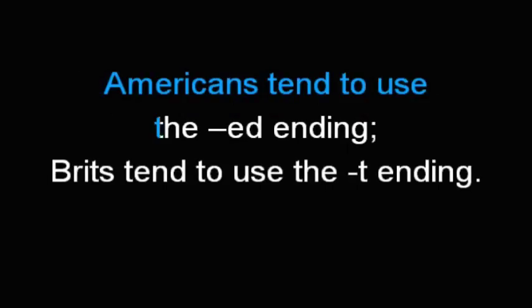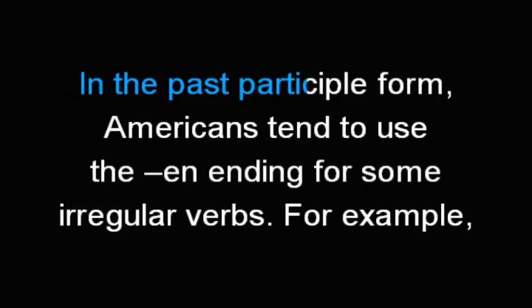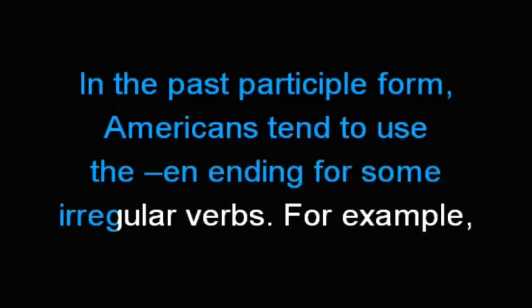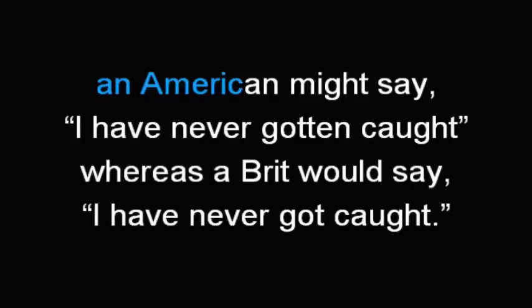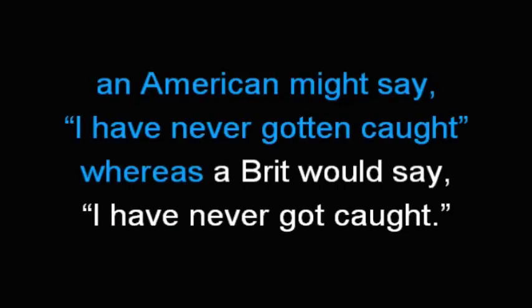Americans tend to use the ed ending. Brits tend to use the t ending. In the past participle form, Americans tend to use the en ending for some irregular verbs. For example, an American might say, "I have never gotten caught," whereas a Brit would say, "I have never got caught."